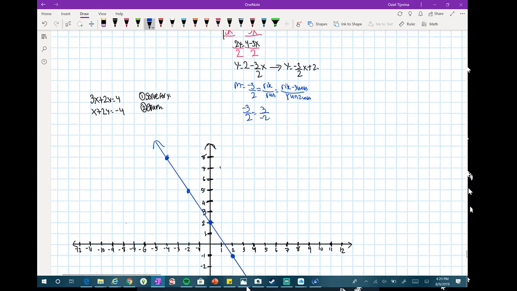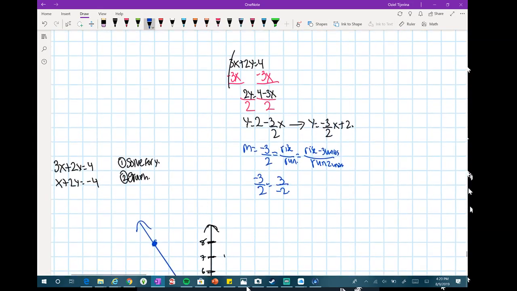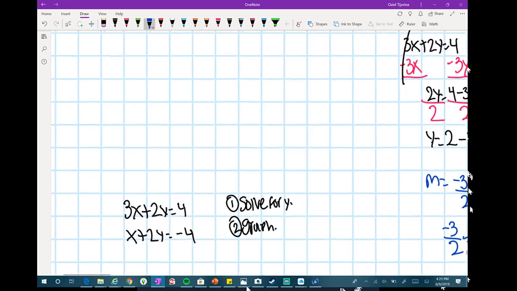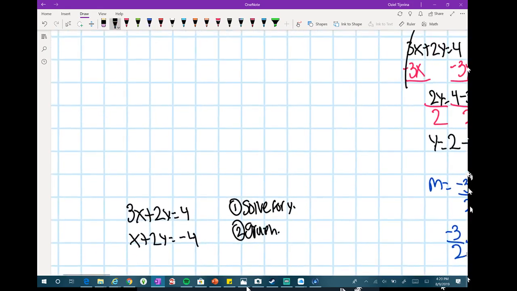And then you would do the same thing for the other one. So you have x plus 2y equals negative 4. You subtract x on each side, solving for y, and you have 2y equals negative 4 minus x.